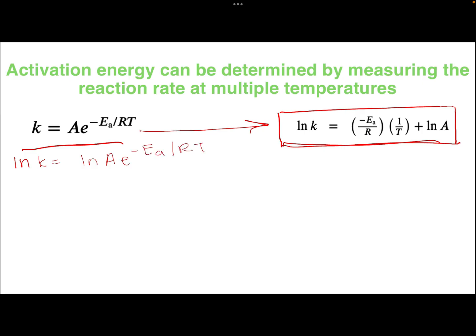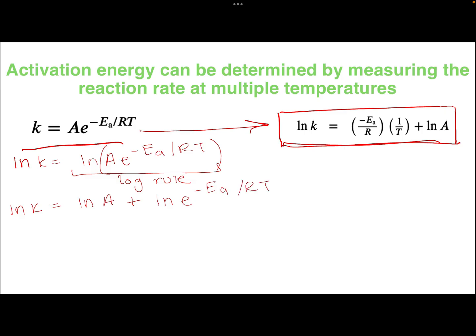And that brings us to our first log rule. The natural log of a product is the same as the natural log of one of the things that you're multiplying plus the natural log of the other thing that you're multiplying. So we can rewrite this as the natural log of A plus the natural log of all of this.